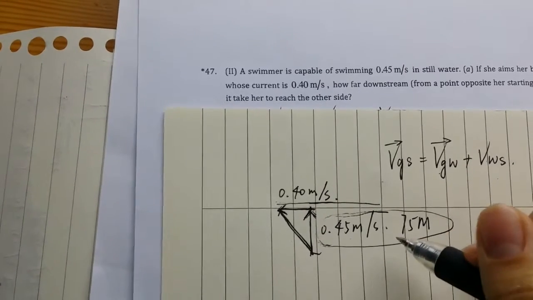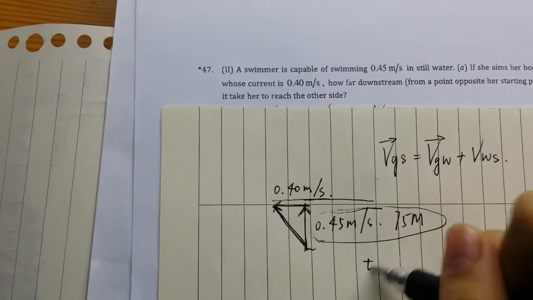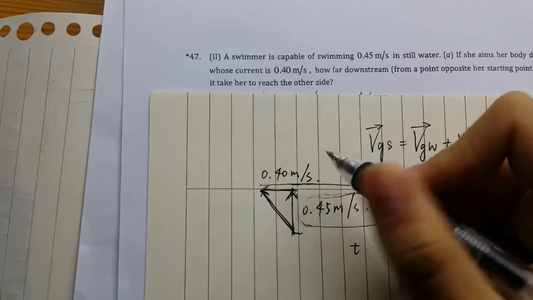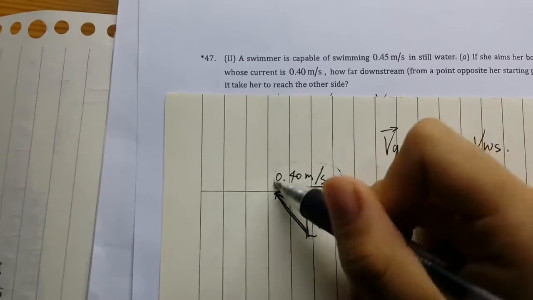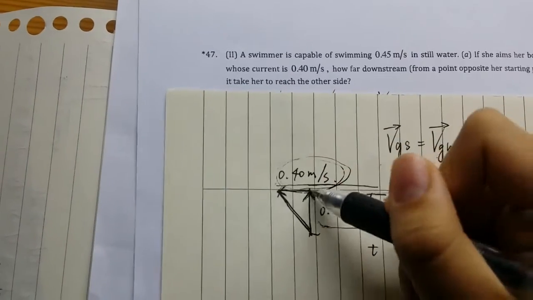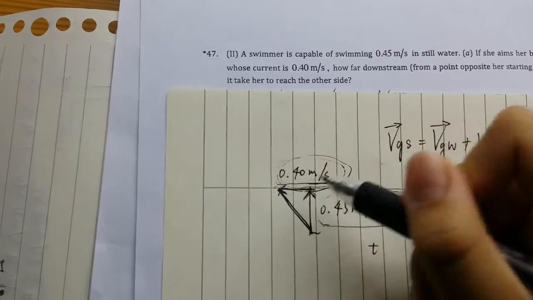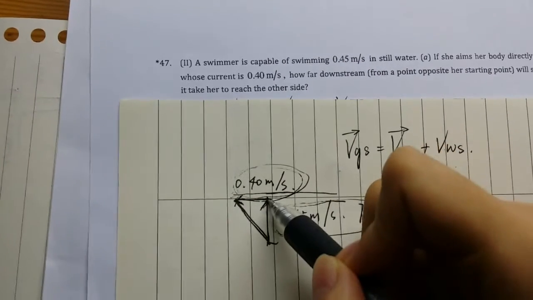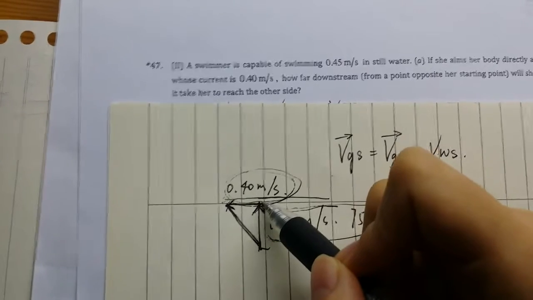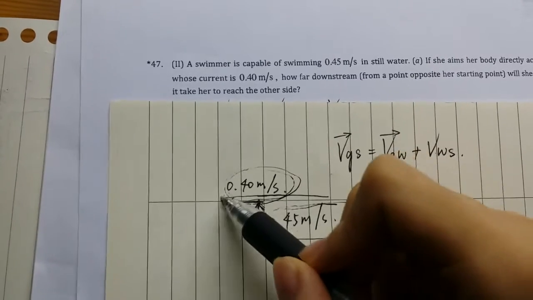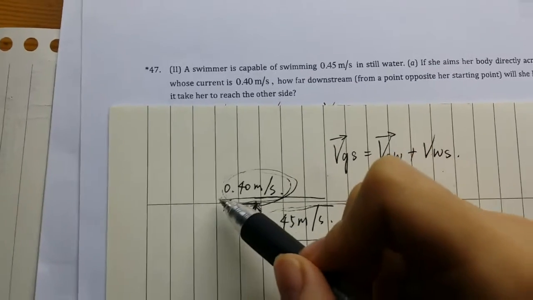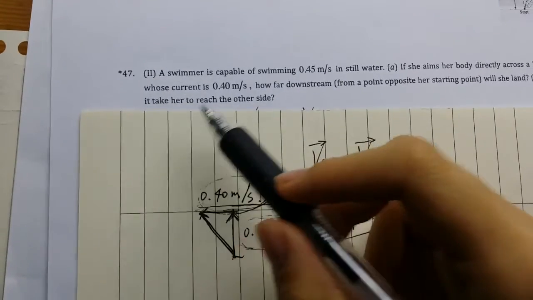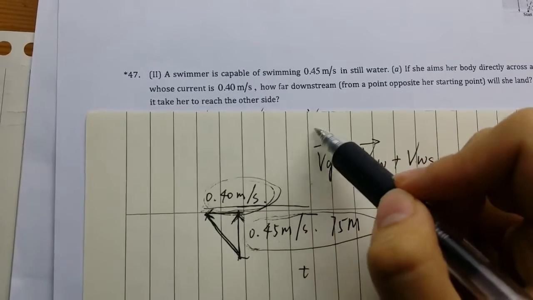And then we got this time t, and we multiply it by the velocity in this direction, and we know how far the girl is from where she lands, and how long it will take her to reach the other side.